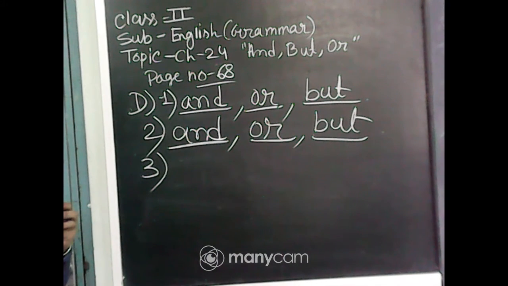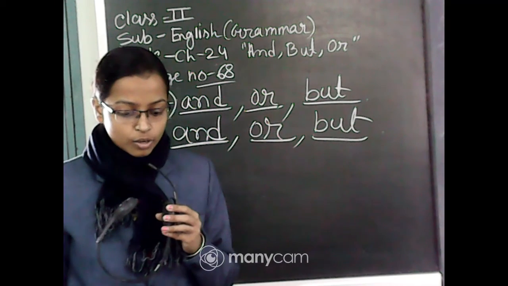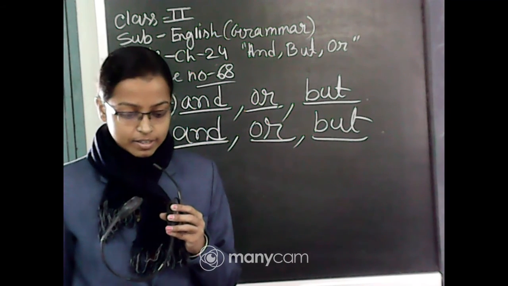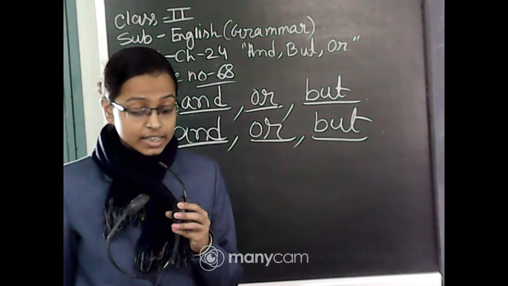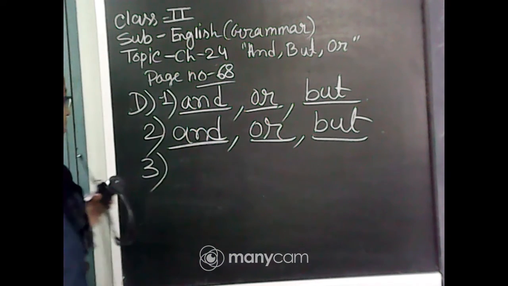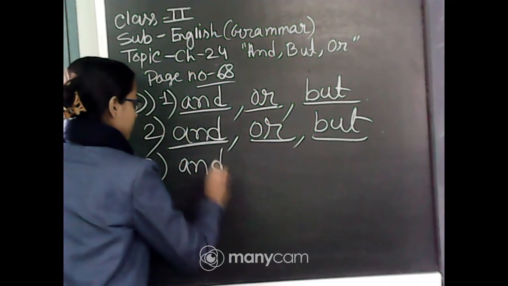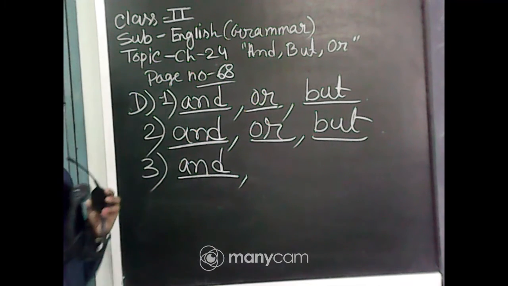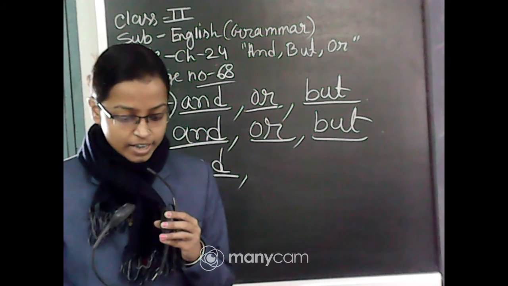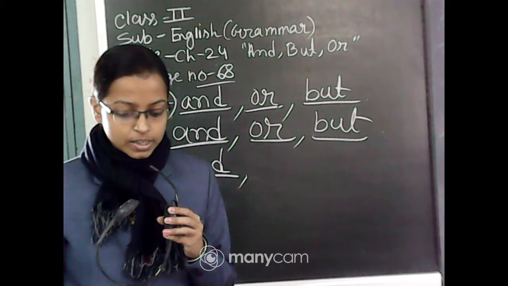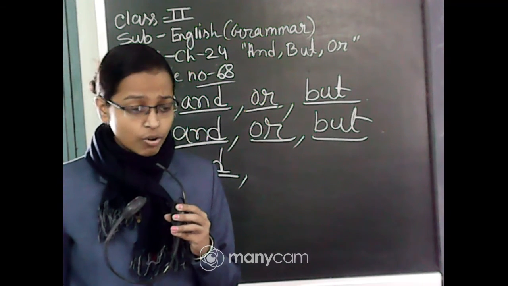Number 3, the third story. The crow has black feathers dash dark intelligent eyes. It will be and: dark intelligent eyes. The crow is a pretty bird dash nobody likes the crow.